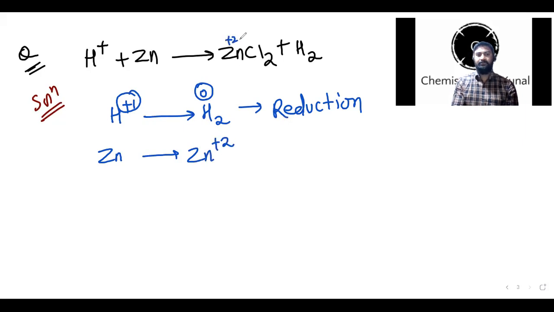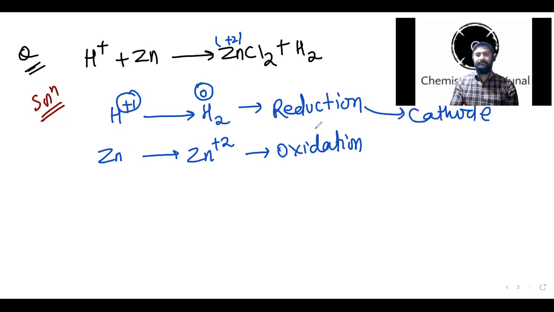ZnCl2 means plus 2, and here it is 0. So for this part, we can say that it is oxidation. So reduction happens at cathode, red cat, and oxidation happens at anode.